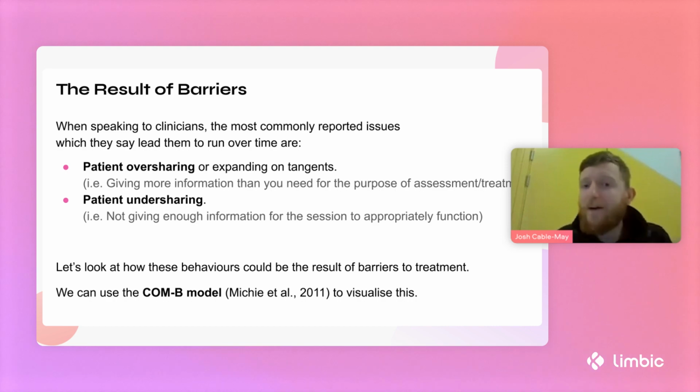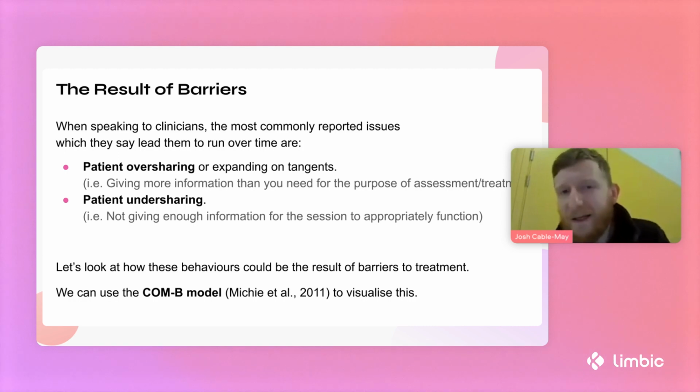It might be you then work on explaining to the patient how CBT or your modality of therapy works. And now because they understand that, there's less tangents. There's less digging into their deep past when they know that the treatment is focused more on the present day and learning that kind of thing. So if we work out what the barrier, what the factor is, we can then work on it with the patient.